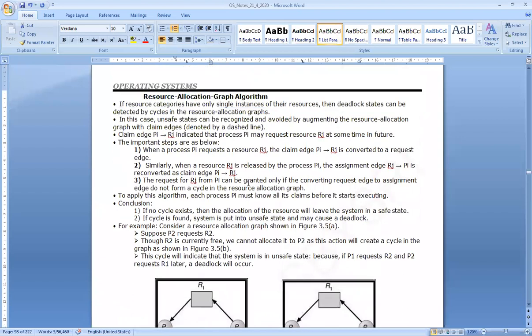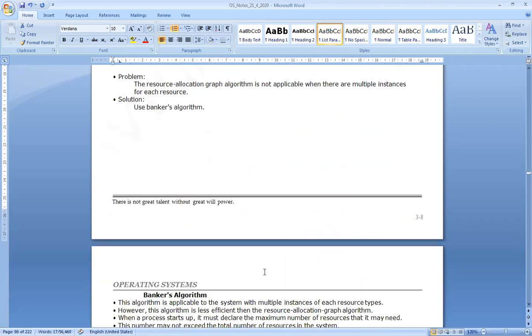As is explained here, an unsafe state can be recognized by avoiding the argument and resource allocation graph with the claim edges. So using the edges, we can draw the resource allocation graph with the edges, the resources, and the processes. This is shown in the resource allocation graph.